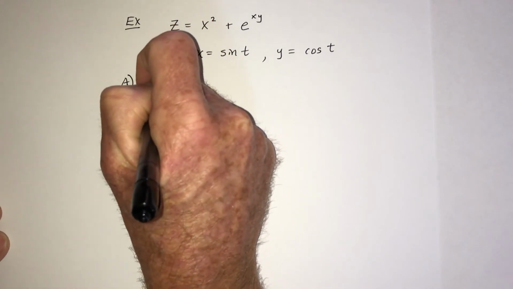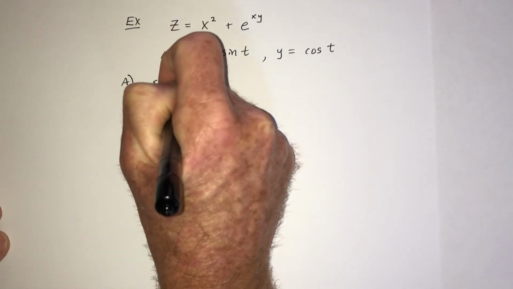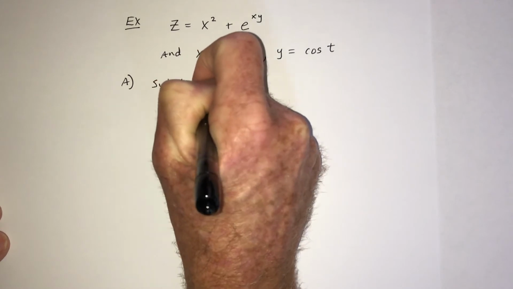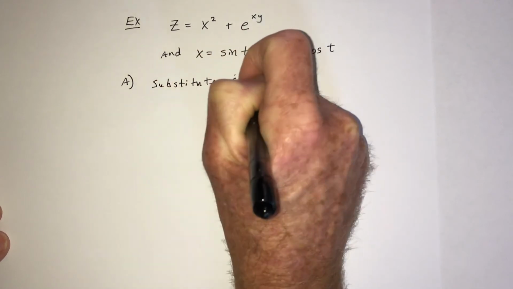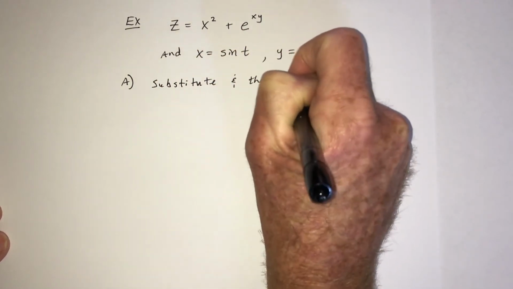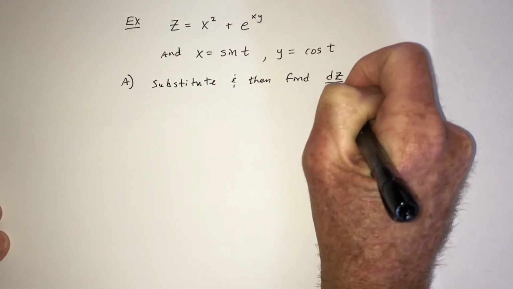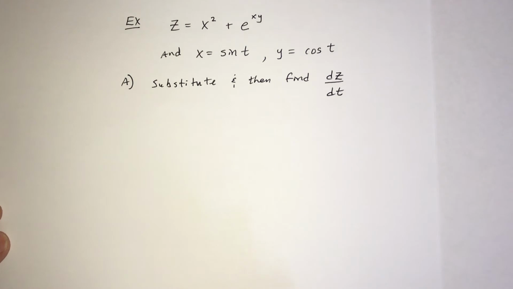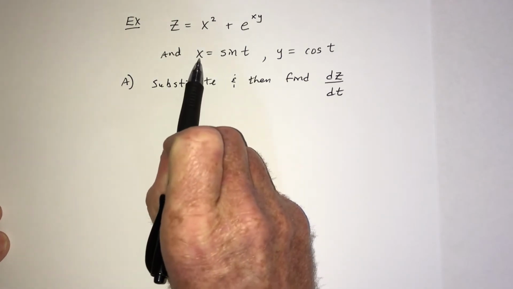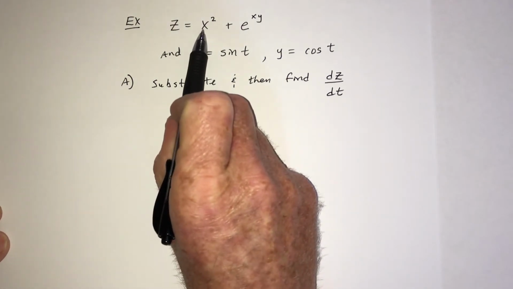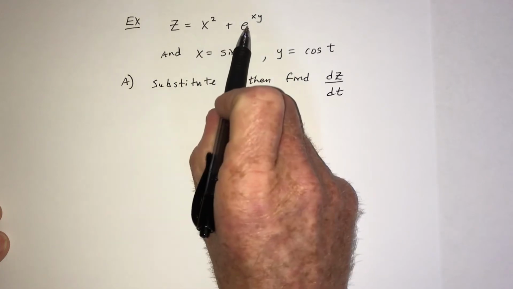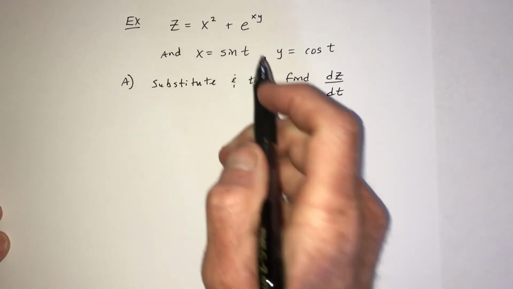So first way is substitute, and then find the derivative of z with respect to t. So just directly substitute in that this is going to become sine squared of t, and this is going to be e raised to a sine times a cosine.